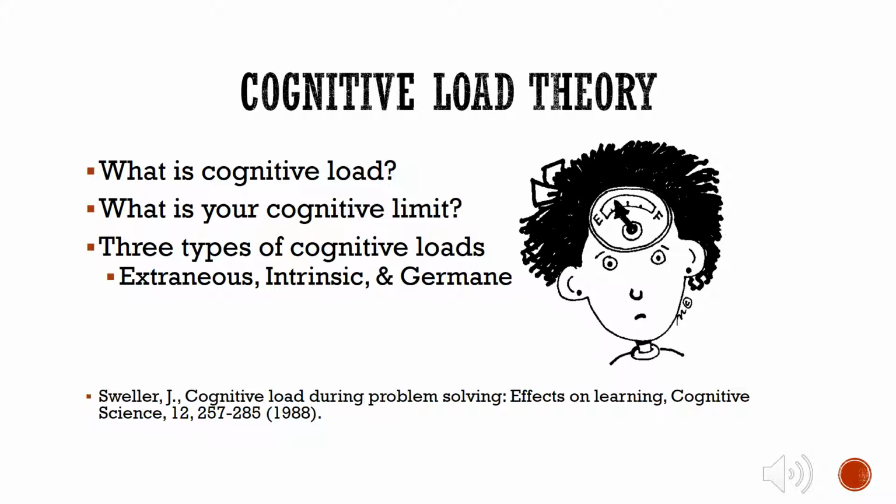The intrinsic load is the inherent demand of the learning task. The extraneous load is the activity or activities that are unrelated to learning, and the germane load is the attention directed to activities that promote learning. If you would like to look more into this theory, you can see where I got the information at the bottom of your screen. It really is quite interesting.